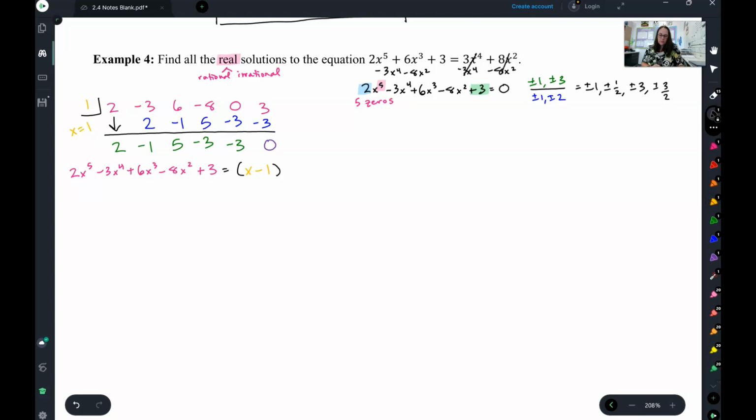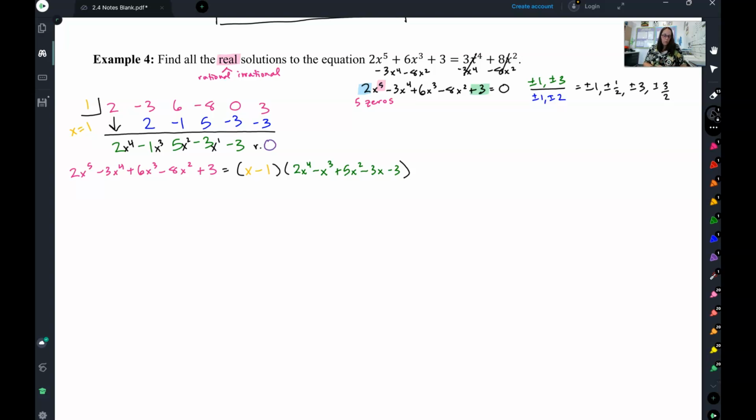I don't need an exponent on it because right now I've only used it once. It only has a multiplicity of 1. I have remainder, no x's, x to the first, x squared, x cubed, x to the 4th. So 2x to the 4th minus x cubed plus 5x squared minus 3x minus 3. This is our factored form so far.